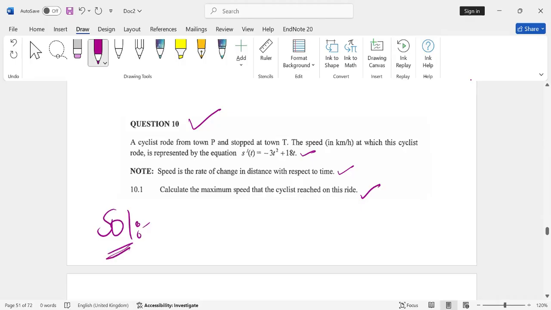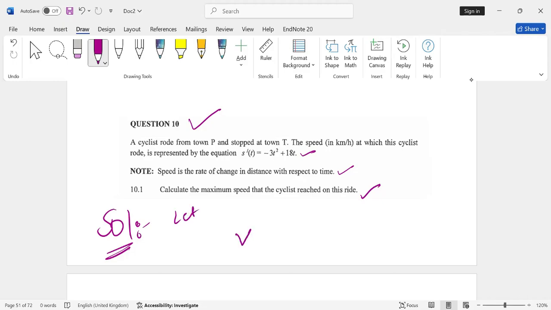So we have to find the maximum speed. We need to find the critical points of the speed function s prime of t. This is done by finding the derivative of the speed function, which is acceleration, and setting it equal to 0. So let v of t equal s prime of t.